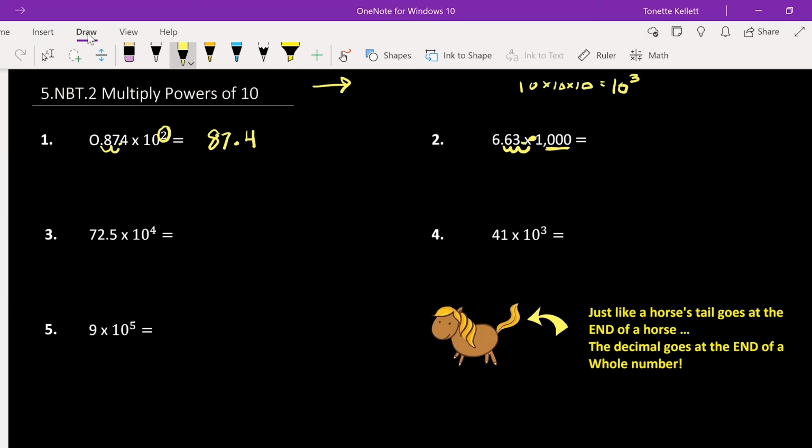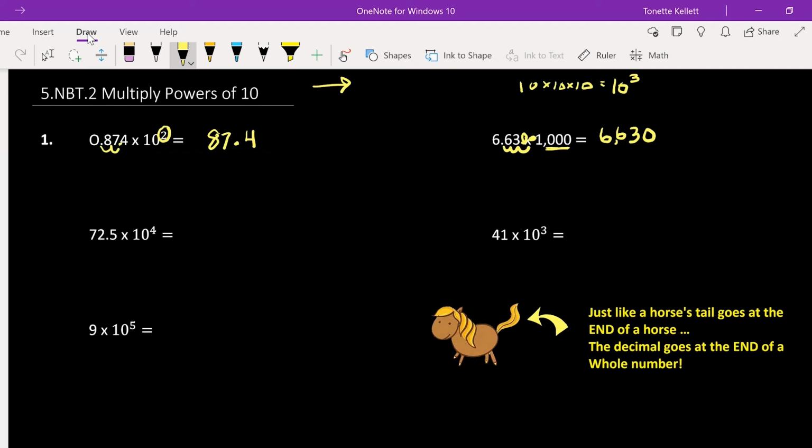What goes in the empty space is another 0, a placeholder. So we're going to rewrite this answer 6, 6, 3, and a 0 at the end. Now you do not have to put a decimal at the end here because it's just given. That's a whole number. So 6,630. You don't say the word and. 6,630.